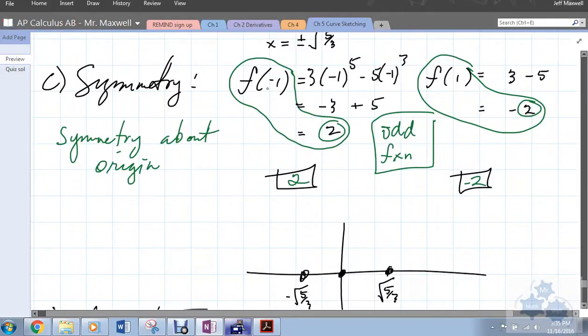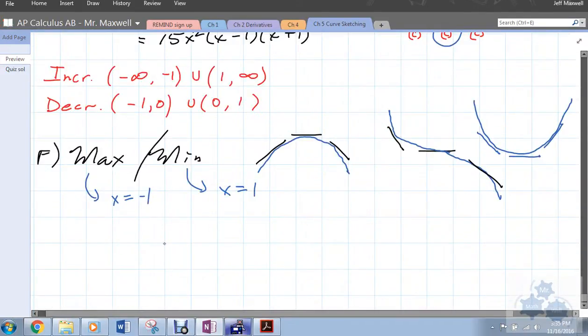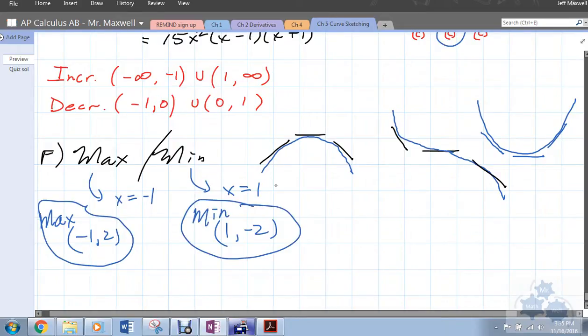Yeah, look at that. So the points are negative 1, 2, and 1, negative 2. So there's our local max right here, and our local min right here.